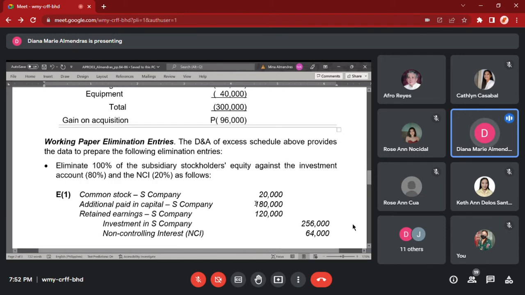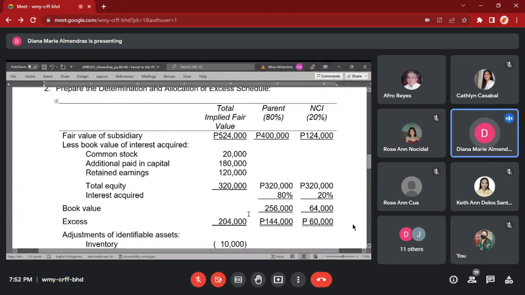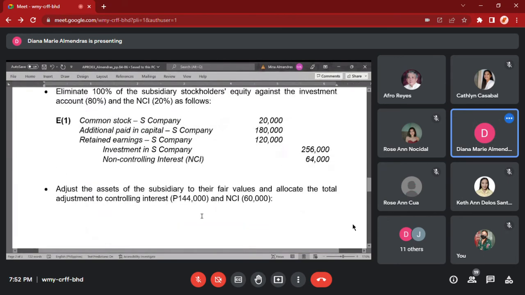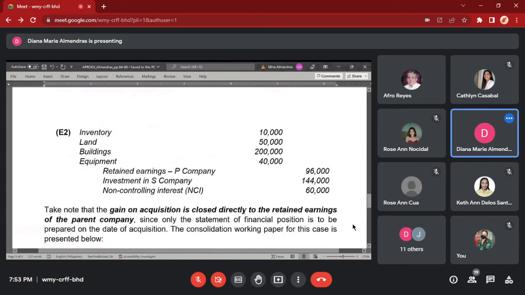Nakuha nga pala ito dito, itong entries na ito dito sa excess schedule. Adjust the assets of the subsidiary to their fair values and allocate the total adjustment to controlling interest 144,000 and NCI 60,000. Debit inventory 10,000, debit land 50,000, debit buildings 200,000, debit equipment 40,000, credit retained earnings of the company 96,000.